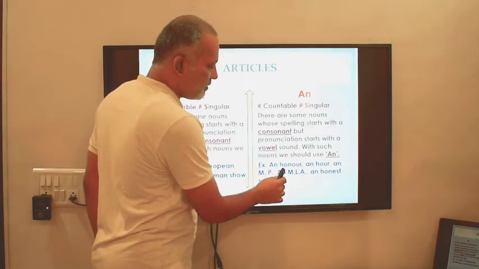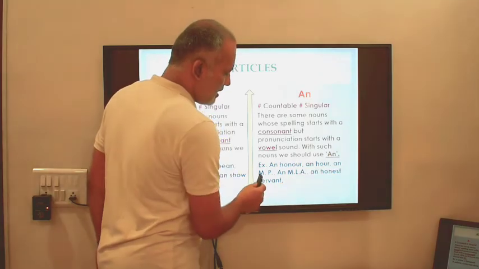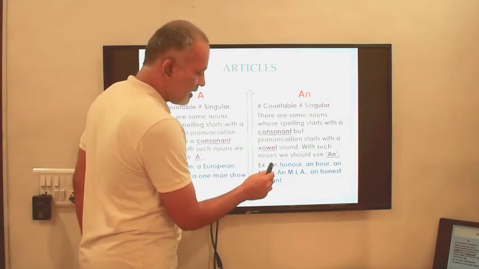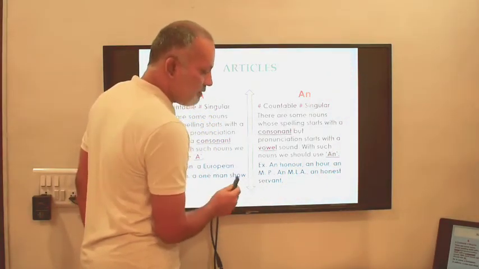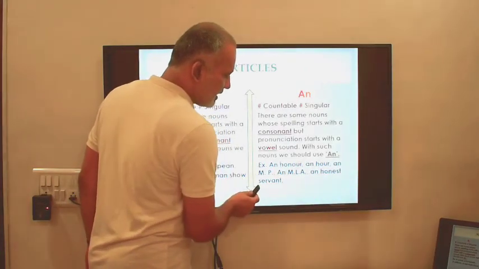Honor starts with H, but pronunciation starts with O. Same case is there. MP में भी वैसा ही है. M we write an. अपना 11th vowel देखा था हमने. Same MLA. यहाँ पे same thing is there.